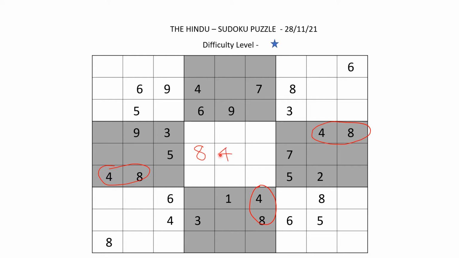Now let's scan through the numbers across the rows and columns and find out more numbers. Now let's take this 4. This 4 blocks this cell and we have a 4 here which blocks these cells, and we have a 4 here which blocks these cells. So these cells are blocked. So we have an empty cell here which can take a 4.